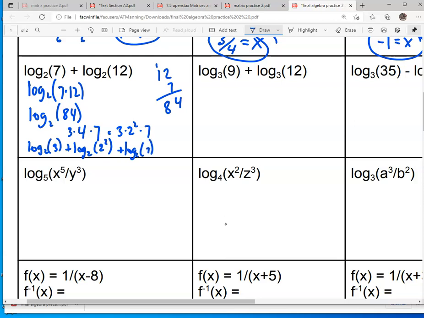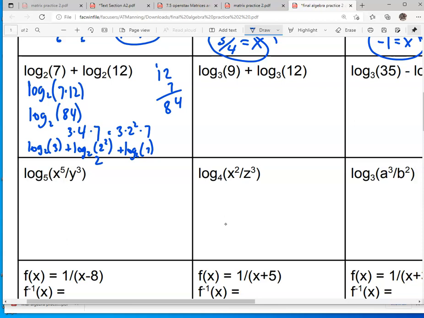Well, this one simplifies. What does log base 2 of 2 squared simplify to? Log base 2, 2 to what equals 2 squared? Log base 2 of 2 squared is 2. So that becomes a 2. And I can't simplify these anymore because they're not a power of 2.